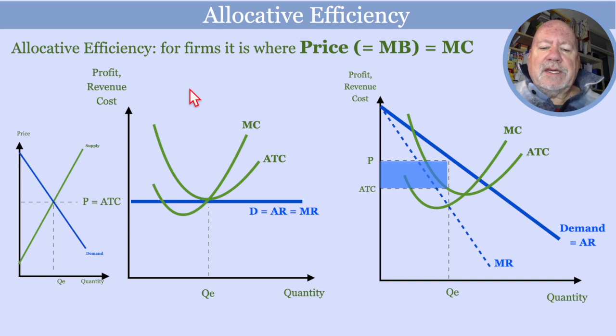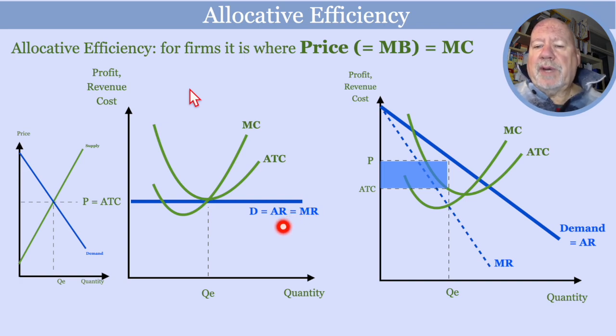This obviously is your perfectly competitive industry, this is your perfectly competitive firm, and we see that in the long run equilibrium we are allocatively efficient because the price, which always equals the average revenue under the theory of the firm, equals the marginal cost here, because it equals the marginal revenue.